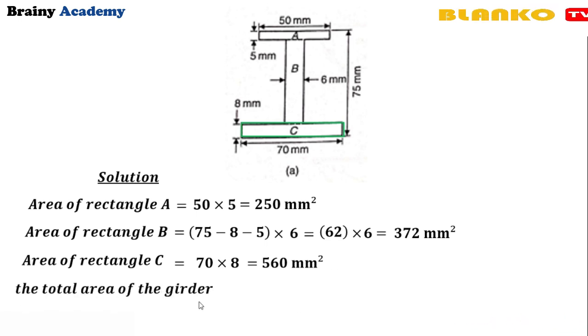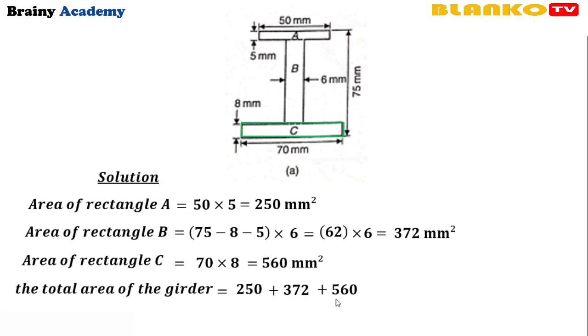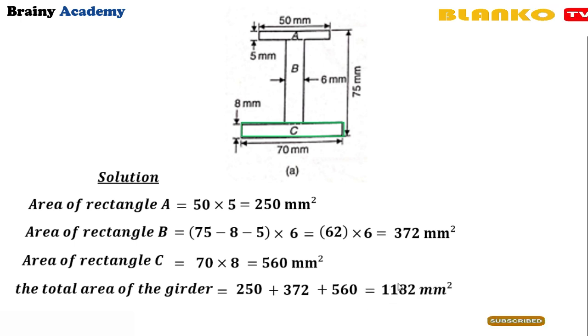So the total area of the girder is going to be 250 plus 372 plus 560. 250 is the area of rectangle A, 372 is the area of rectangle B, and 560 is the area of rectangle C. So the total area of the girder is 250 plus 372 plus 560, and that is 1182 millimeters square, or 11.82 centimeters square.